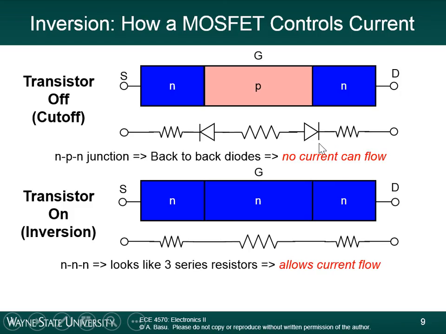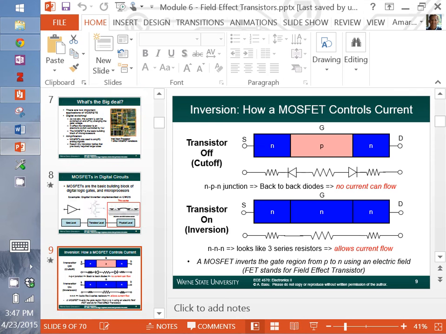All right. When the transistor is in the cutoff mode, when you have this p-type substrate, you have an NPN sort of region here. You have two back-to-back diodes, and so therefore no current can flow. When you turn the device on, when the gate voltage exceeds the threshold voltage, this p-type is switched, inverted to an n-type. And now you have source to gate to drain. It's all n-type, so this allows current flow. So we can represent this in an energy band diagram.